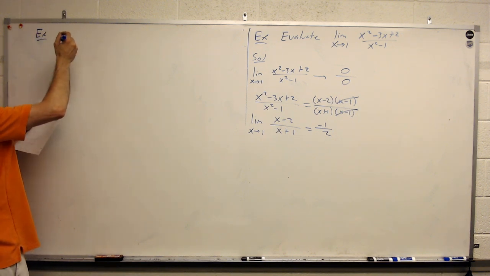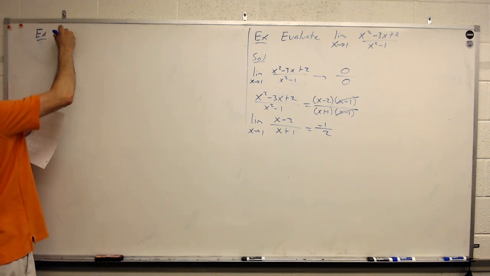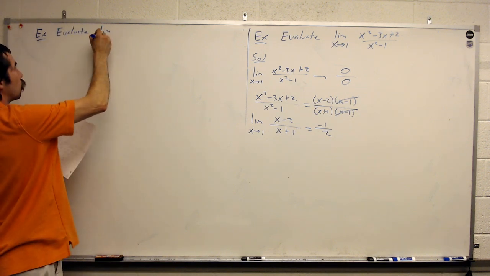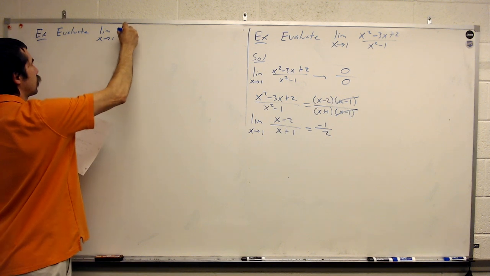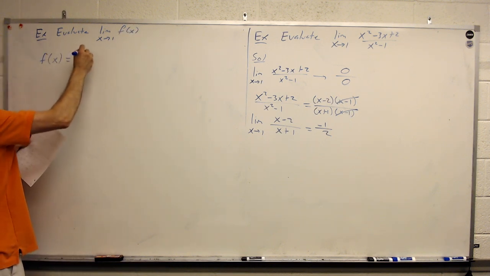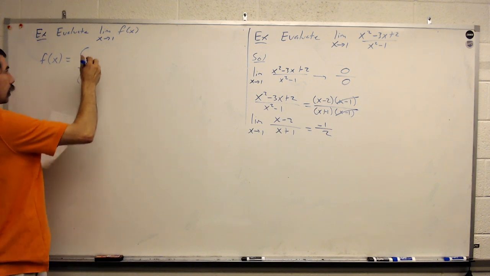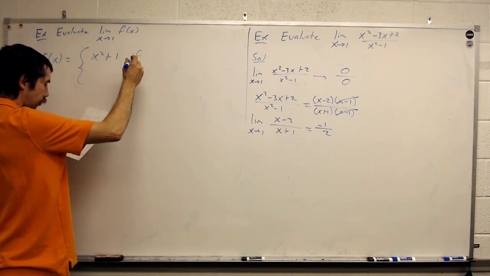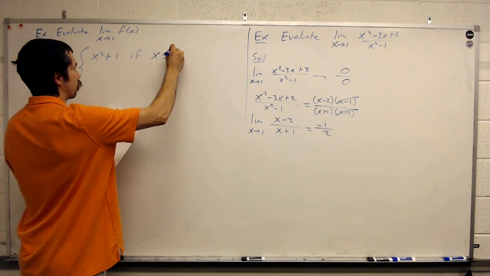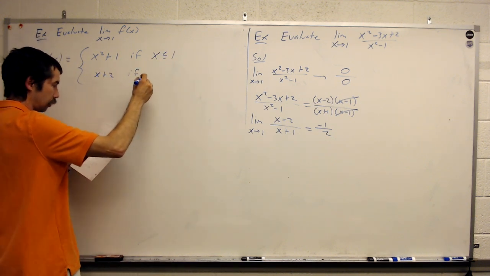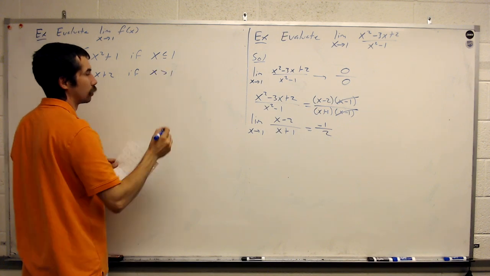Let's evaluate the limit as x goes to 1 of f of x, where f of x is x squared plus 1 if x is less than or equal to 1, and x plus 2 if x is greater than 1.